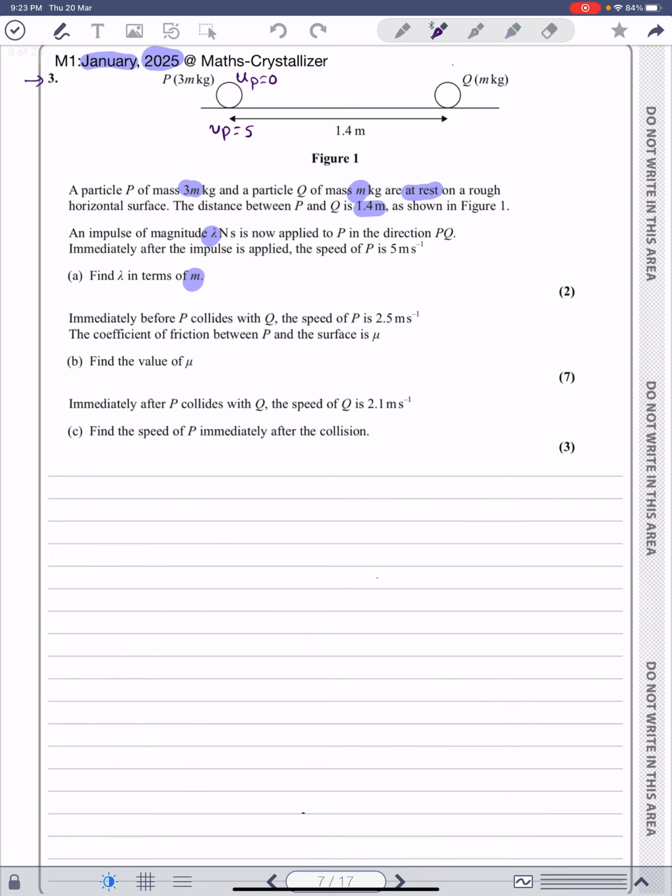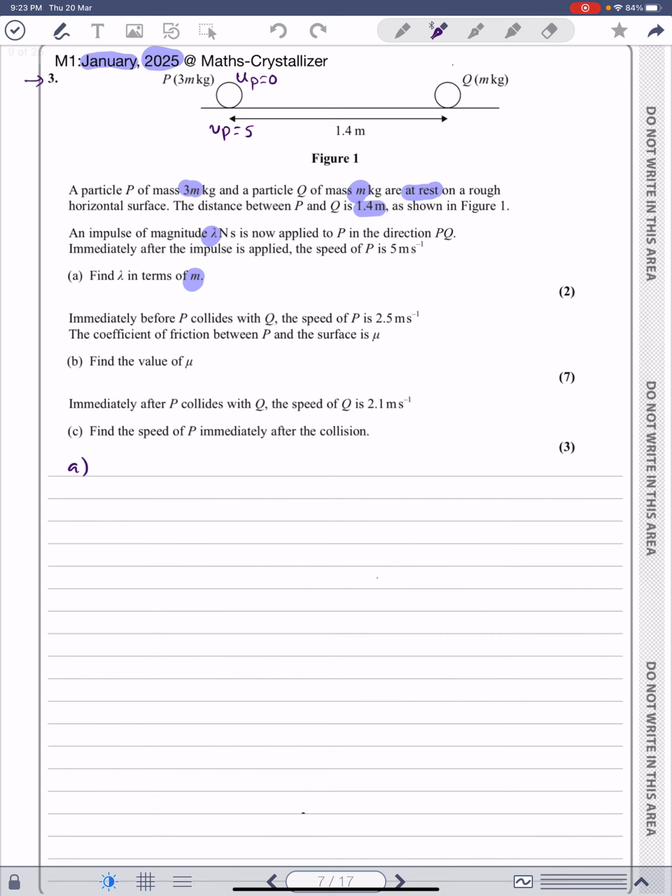Directly we recognize that the question is talking about impulse and momentum. Before writing the formula, we must remember a very important thing.